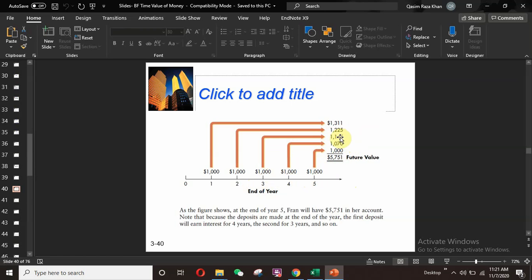So the first 1,000 is generating more revenue compared to all the other 1,000s, that is 1,311. Why is this 1,000 generating more revenue? Because this 1,000 cash stream has been utilized over a longer time period, so it is generating more interest return for you.